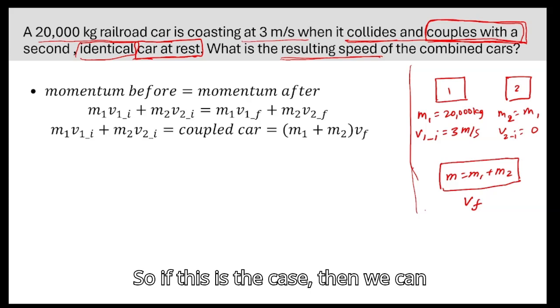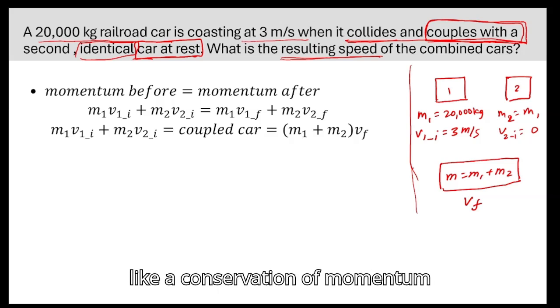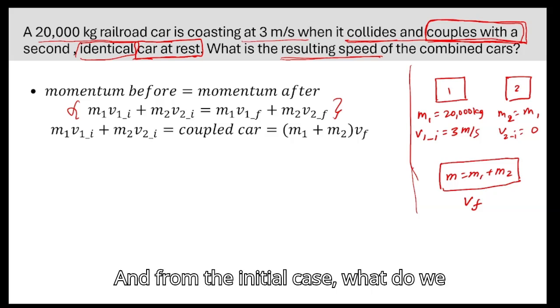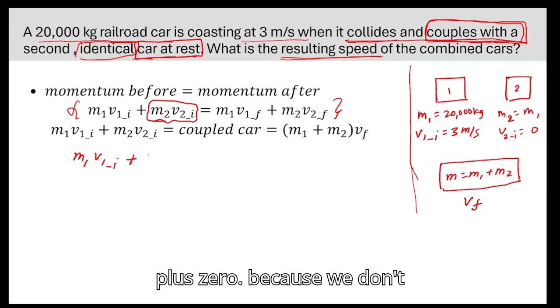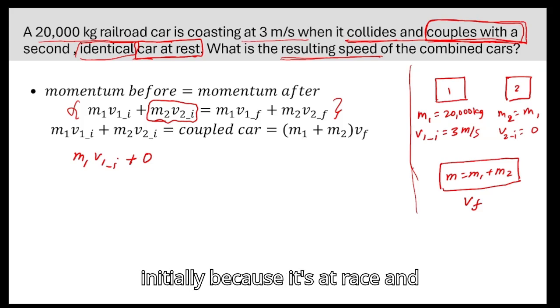So if this is the case, then we can simplify our conservation of momentum equation from here, right? And from the initial case, what do we know? The second car is at rest, right? So m1 v1 initial plus 0, because we don't have a momentum for the second car initially because it's at rest.